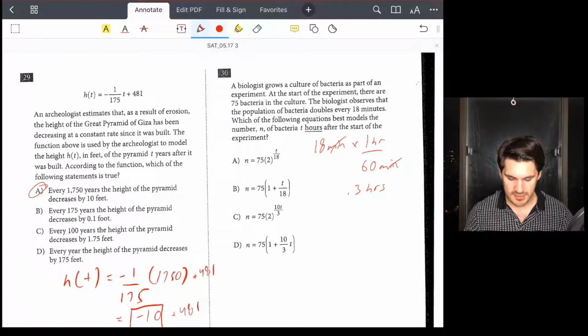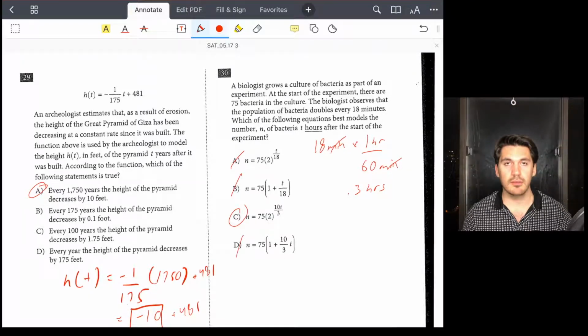So 18 minutes is equivalent to 0.3 hours. So this means that when we plug in 0.3 for t, whichever answer gives us 150 is going to work. Using your calculator, you can test out A, no bueno. B, no bueno. C will end up working. You'll get 150 if you try it out. And D, no bueno.